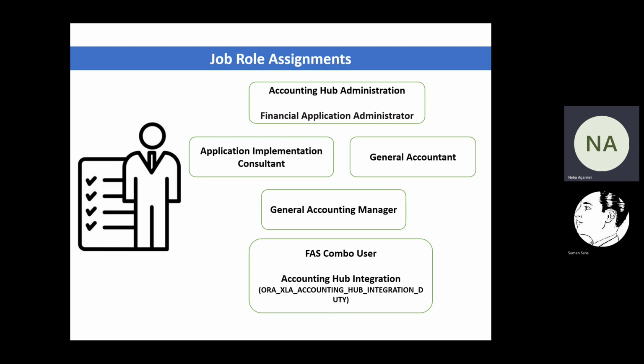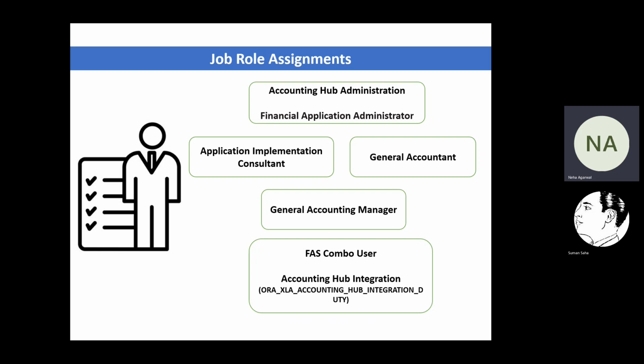In the security reference implementation, the financial application administrator job role hierarchy includes the accounting hub administration duty role. So this must also be provided to our user. This role provides the access to integrate your external source system with the accounting transformation.